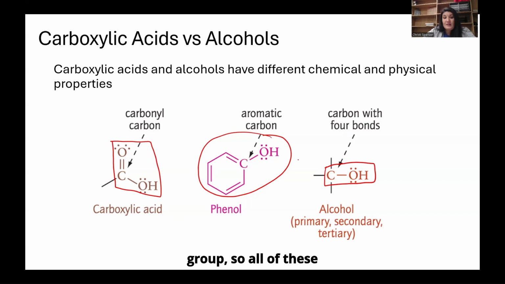So all of these have the hydroxyl group attached, but the carbon that the hydroxyl group is attached to is bonded to different things. The carboxylic acid, the carbonyl carbon, so the carbon bonded to the oxygen and the OH, act as a group together and will have different properties than an alcohol or a phenol.